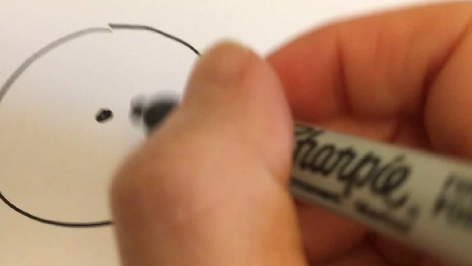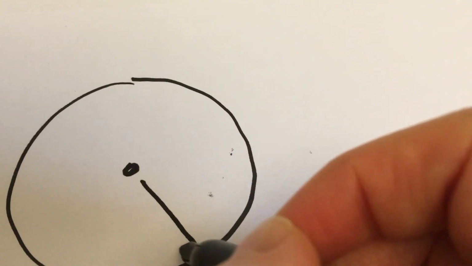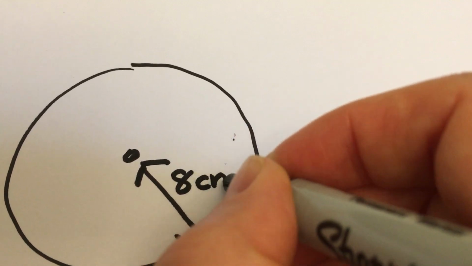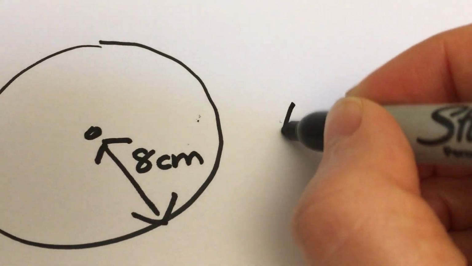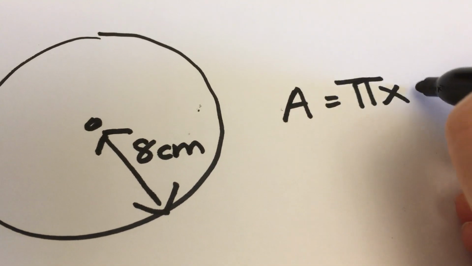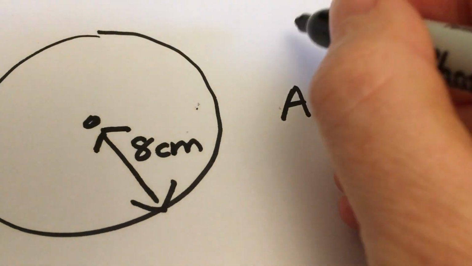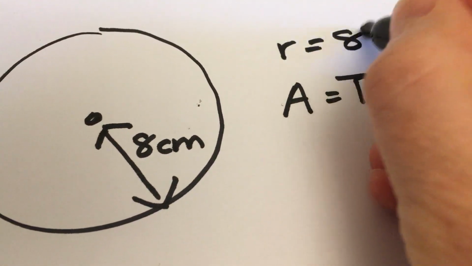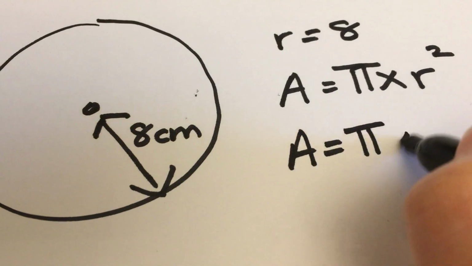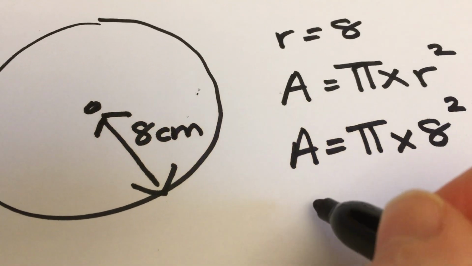We'll try another example. It's exactly the same as the last one. Let's say this is 8 centimetres, so we know that the area is pi times the radius squared. The radius is 8, so the area is pi times 8 squared.